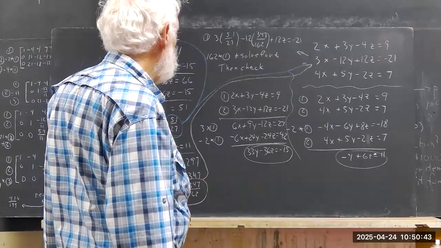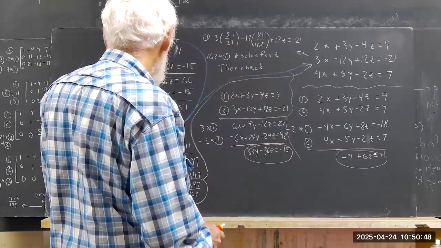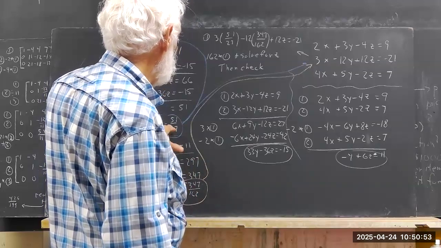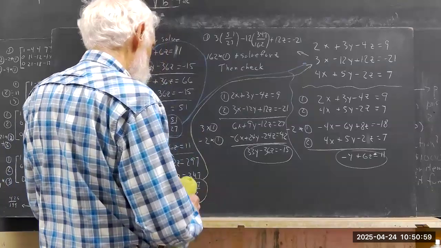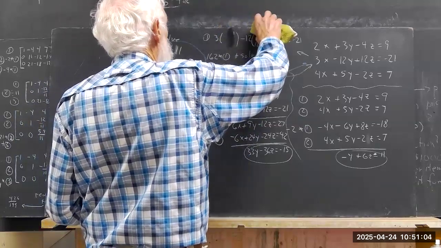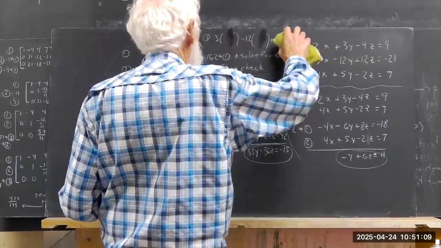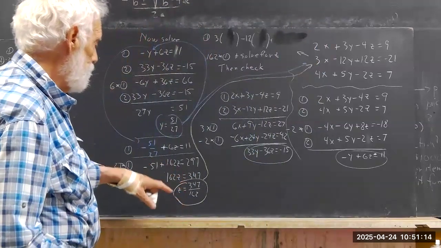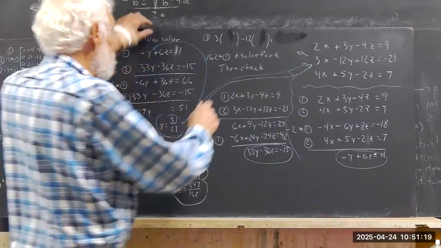Wait a minute. I wrote this down, I wrote it wrong. y equals, okay. y was 51 over 27.